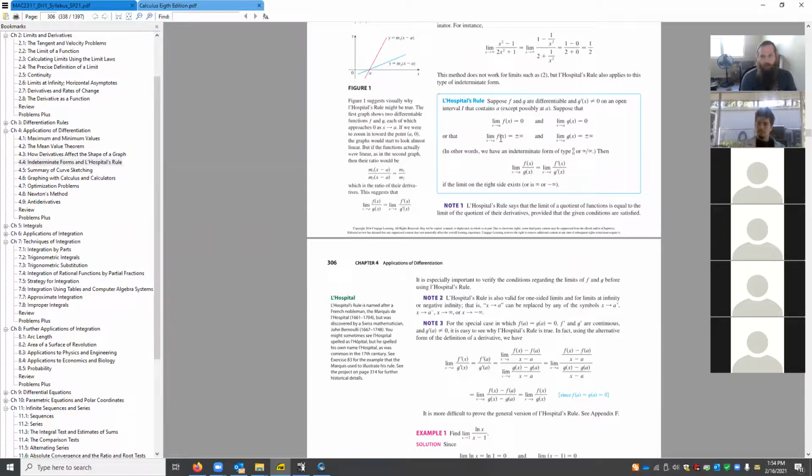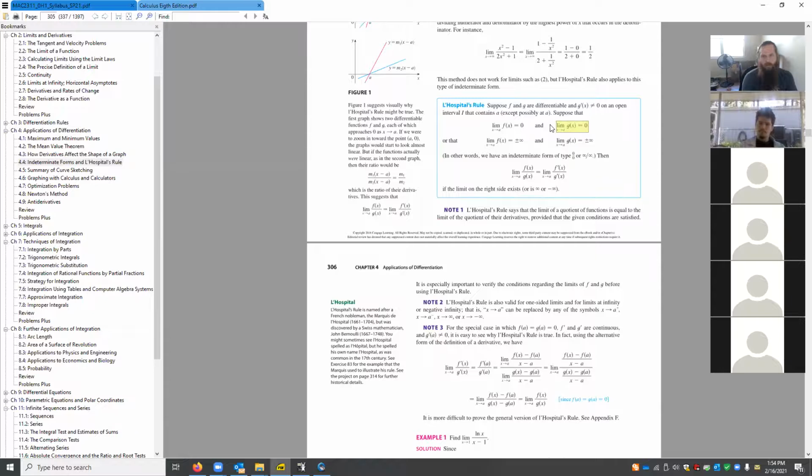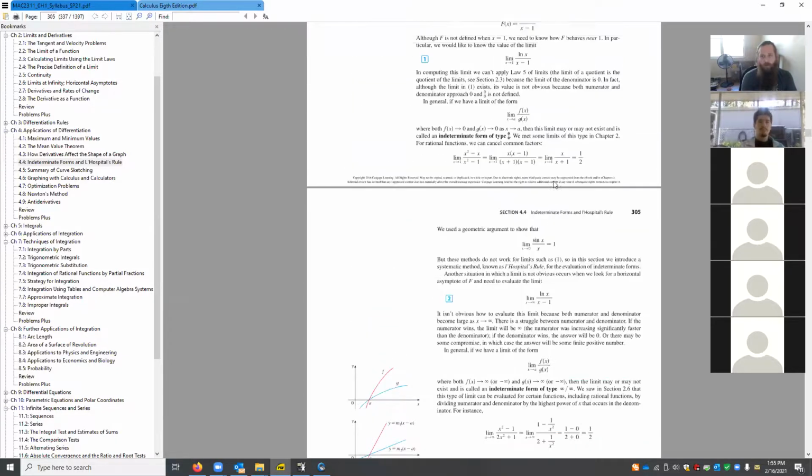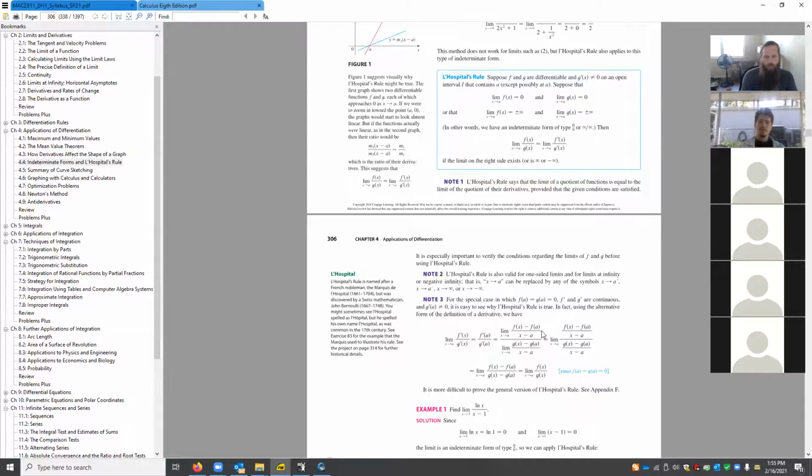If you've got a fraction like f over g, and both the top and bottom are going to infinity, or the top and bottom are going to 0, then you can try to take that limit again by taking the derivative of the top and the bottom. That's kind of miraculous that it works, but it does. The proof is in here. It's not too hard. And you can actually think about it as a consequence of power series later. But their proof is fine. If you want to read the proof, go for it.